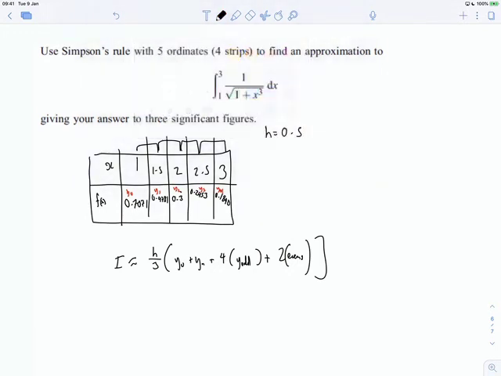So this is going to be h, which is 0.5 over 3. So half a third, that's going to be a sixth, lots of y0 is 0.7071 plus the last y value, 0.1890, plus 4 lots of the odd ones, which is going to be 0.4781 plus 0.2453, plus 2 lots of the even ones, which is 0.3 recurring, so 0.333.